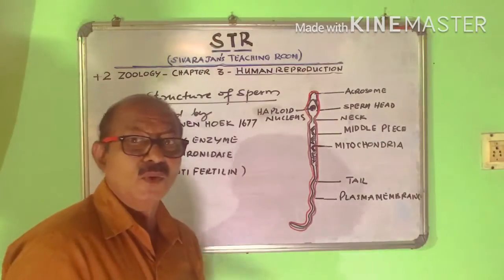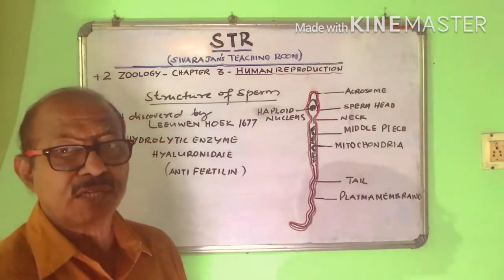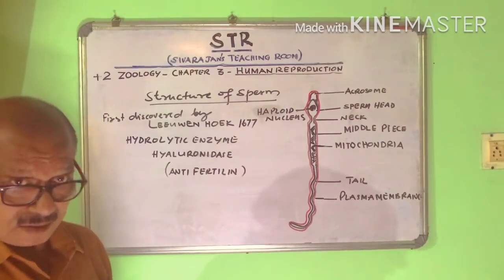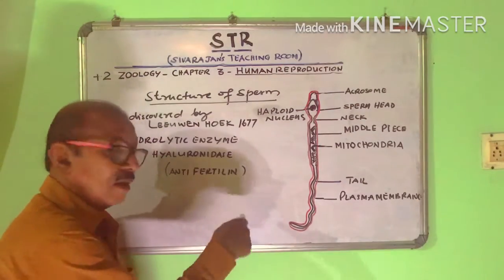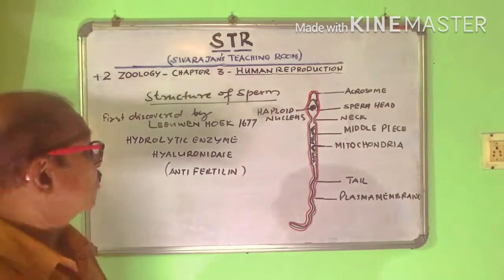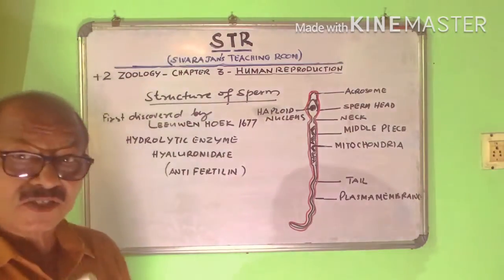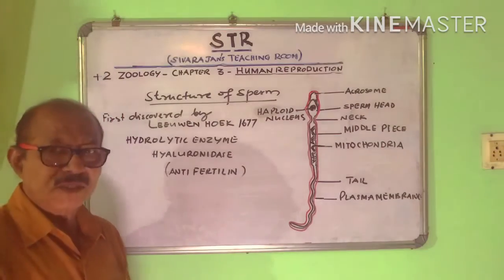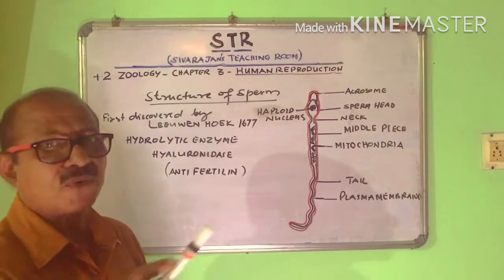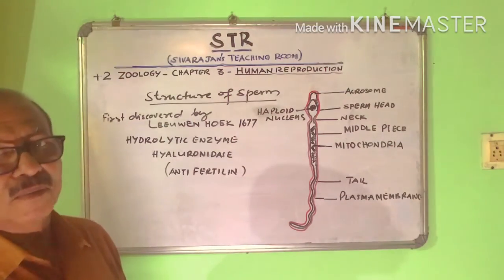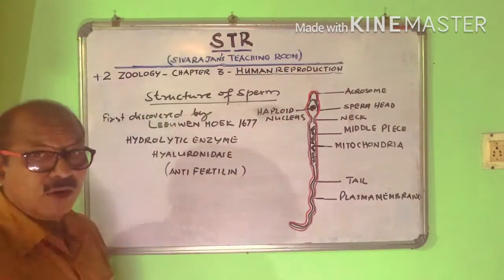It helps to penetrate into the ovum. The ovum has a layer called the zona pellucida. It secretes an enzyme called fertilin. The presence of fertilin prevents the entry of foreign particles into the ovum, so the sperm cannot get into it.